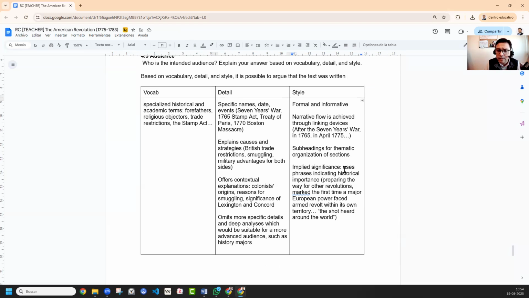Implied significance uses phrases indicating historical importance, but without overly persuasive or emotional language targeting younger children.